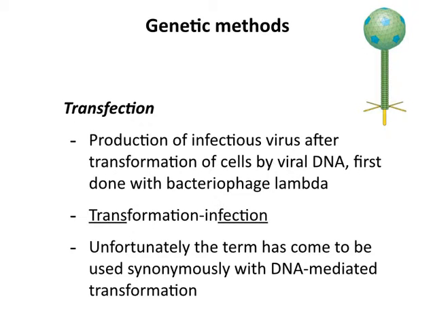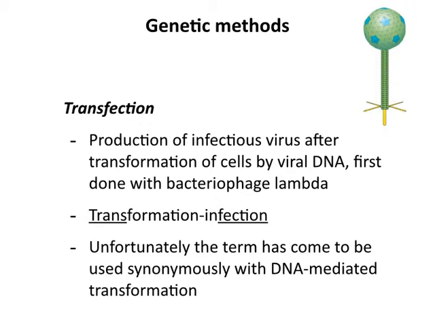When we use a viral DNA and put that into cells, it's called transfection, because we're trying to make infectious virus. We're doing a combination of transformation and infection. It was first shown by lambda. They took lambda phages, they extracted the DNA, they introduced that into cells by DNA-mediated transformation, and viruses came out. So that's transfection.